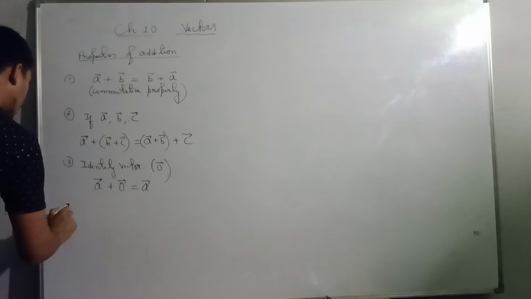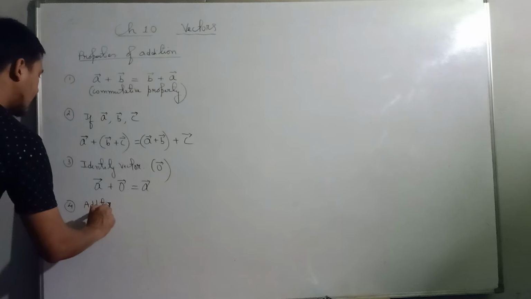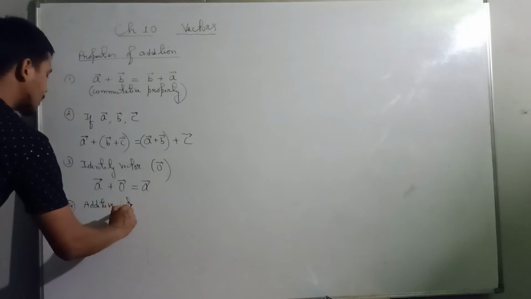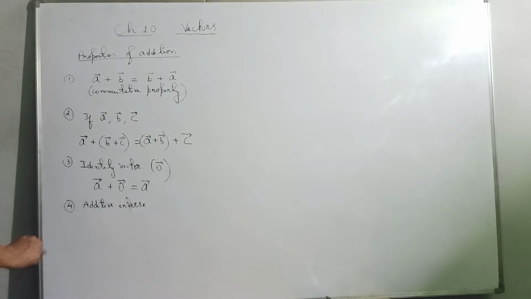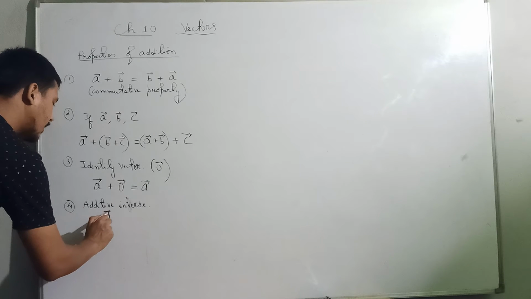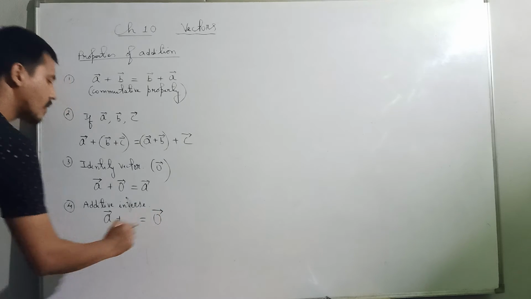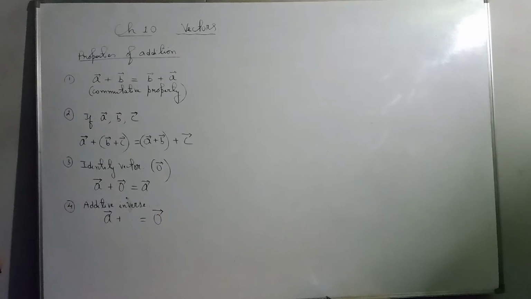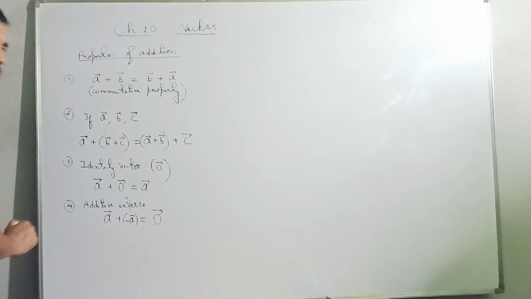And fourth one, additive inverse. Additive inverse of a vector. Additive inverse means the vector which, when added to vector A, gives you the zero vector. Minus of A. So that is your additive inverse. Is it okay?